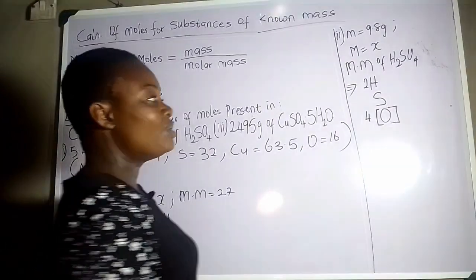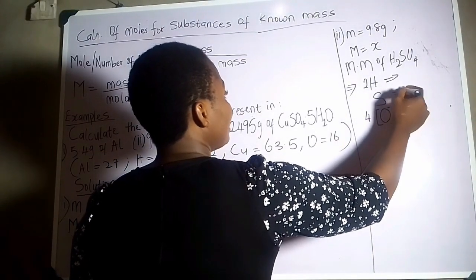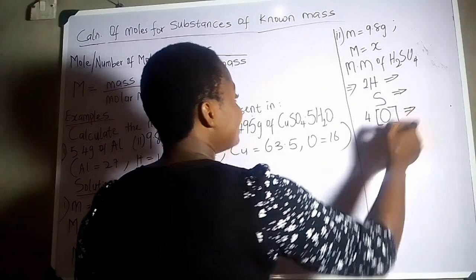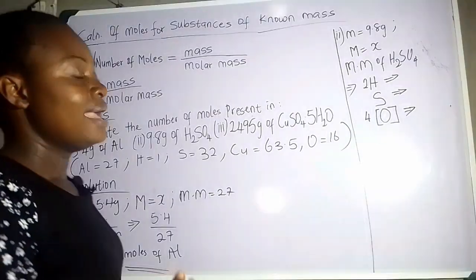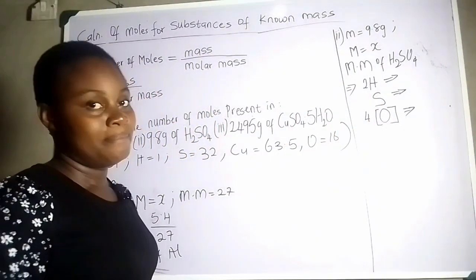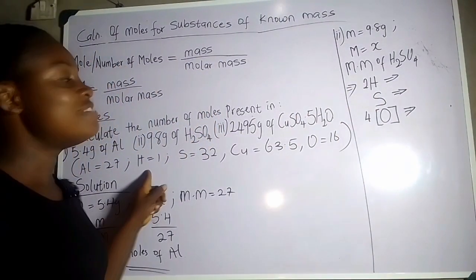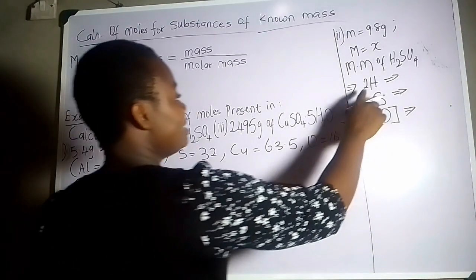Okay. Now what are we going to do? We are going to bring down their atomic masses and add them up together to give us the gram molecular mass of H2SO4. What is the atomic mass of hydrogen? You come over to the bracket and check it out. H is equal to 1. Remember these 2?